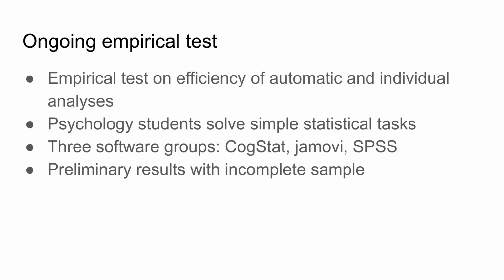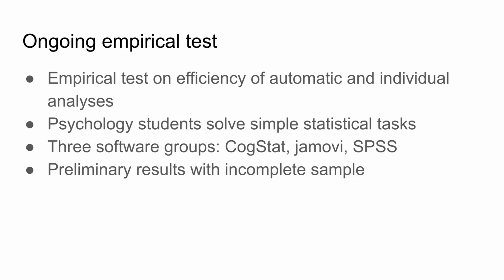We have 3 groups using different software, and we only have preliminary results, and CogStat seems to be the best one. We are quite neutral in the sense that sometimes the correct solution could be debated, whether you really need to check the assumptions or not, or whether you have to report some component or not.